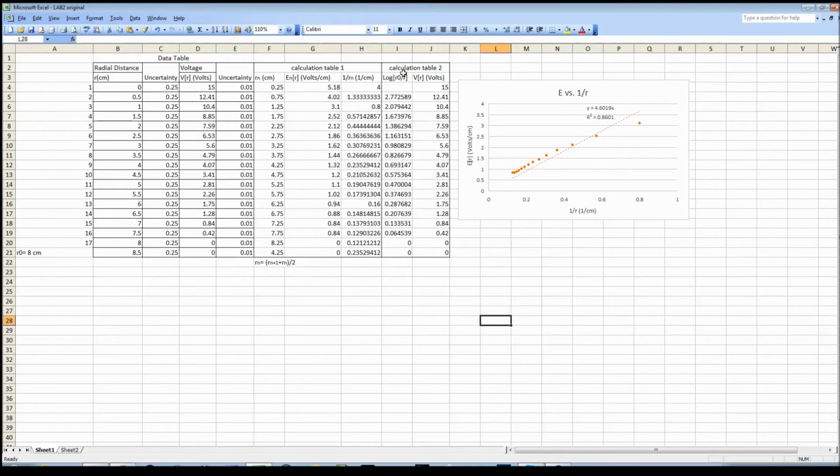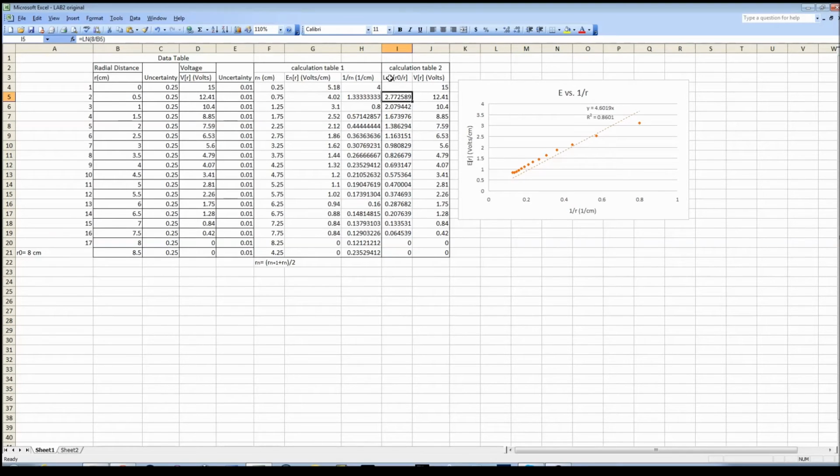We need to derive the log of R naught over R and the voltage at each point, which is simply the voltage we've already recorded for our points.